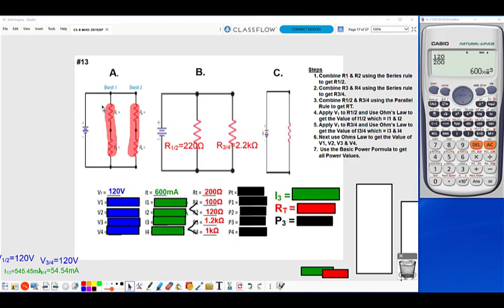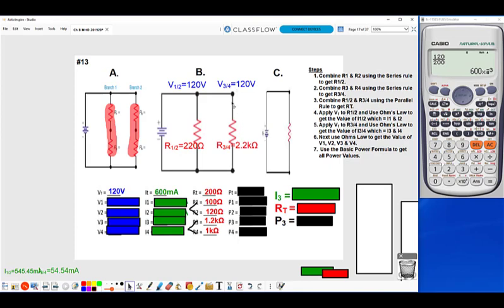Now in this particular combination circuit, I can't go any further. So I'm going to focus on drawing B here. And what I'm going to do is I'm going to take the VT and I'm going to apply that across branch 1, giving me a V12 of 120 volts. That's my VT. Then I'm going to take the V34, it'll be 120 volts.